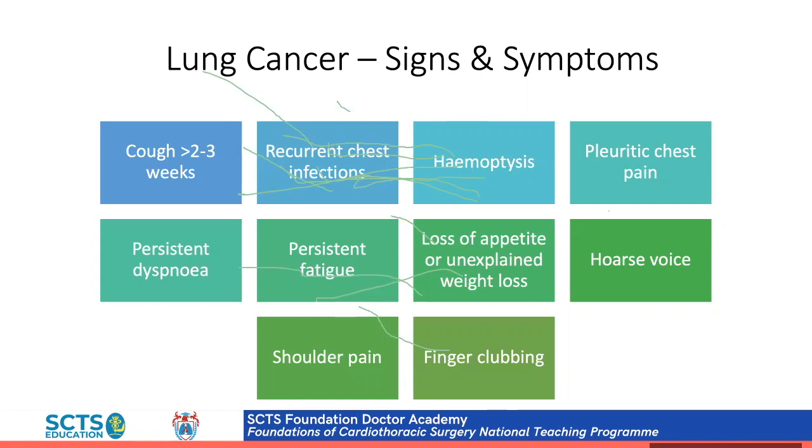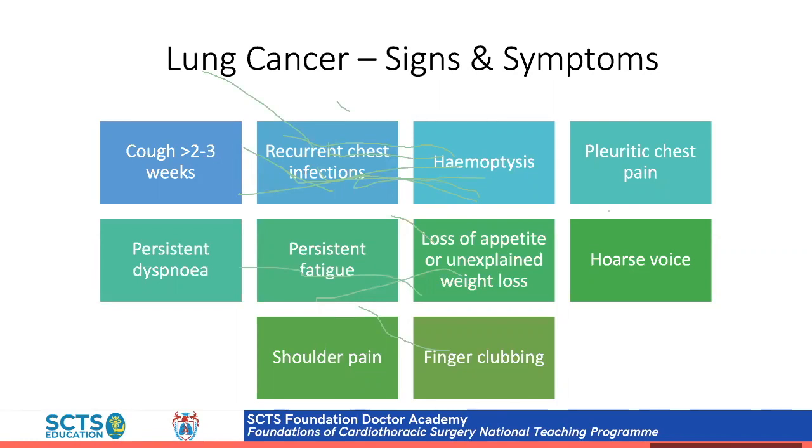If it's a cancer involving the pleura and causing pleuritis, or if the cancer is obstructing a part of the lung and that causes a localized infection and infection of the pleura. Persistent dyspnea, of course, if anything is collapsed due to airway involvement. Persistent fatigue, the loss of appetite and weight loss, as with many cancer diagnoses.